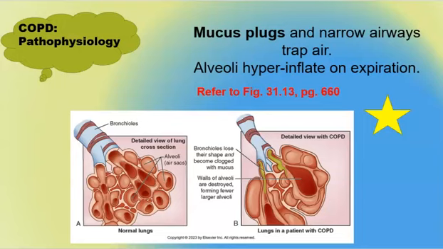So you still have the same amount of air that you're trying to get through, but those bronchioles, those airways, are reduced, and it's really struggling to get through. Super important that you know this because obviously there's a star, and I've told you a specific figure and a page number.